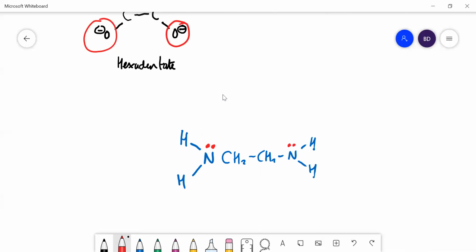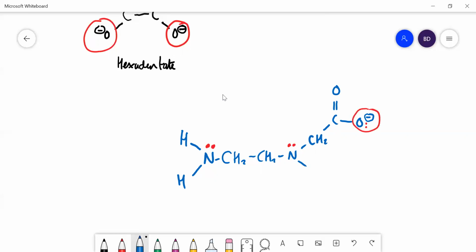And what happens in EDTA is that instead of hydrogens here, you have an ethanoic acid group. The sodium salt of it, so that's a minus charge there. You've got a lone pair there that can form a dative bond as well.